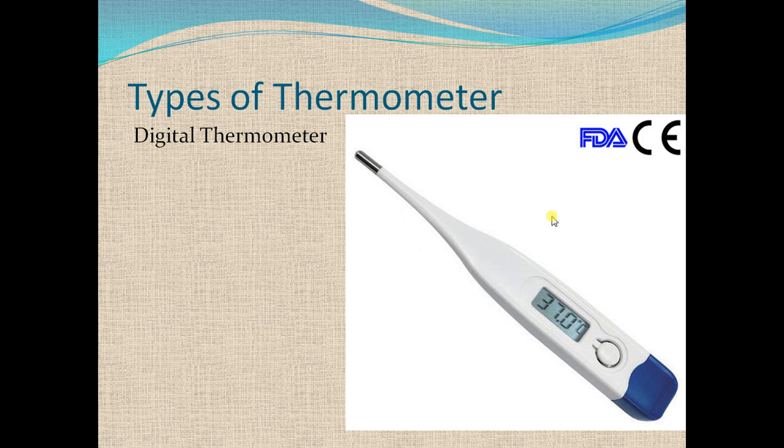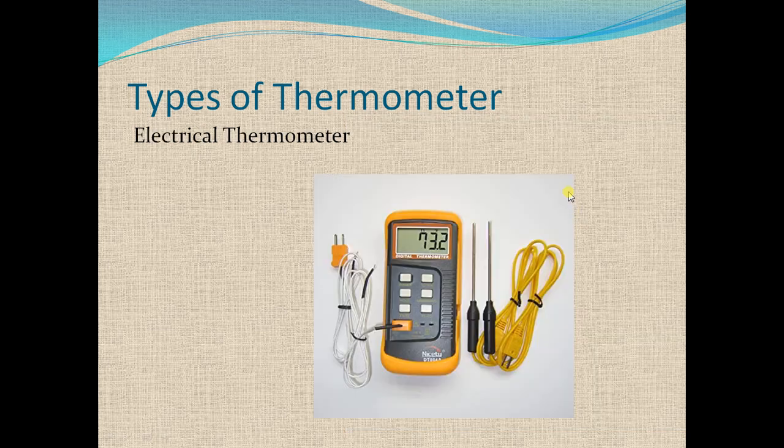Nowadays in clinics, this digital thermometer is used instead of the mercury thermometer, because mercury is dangerous for health. Another thermometer is called the electrical thermometer. The electrical thermometer is used usually in furnaces, because mercury and alcohol thermometers are not suitable, as they cannot measure very high temperature.